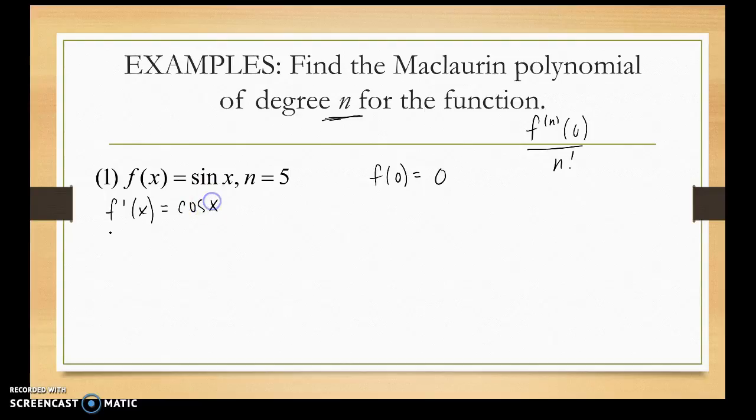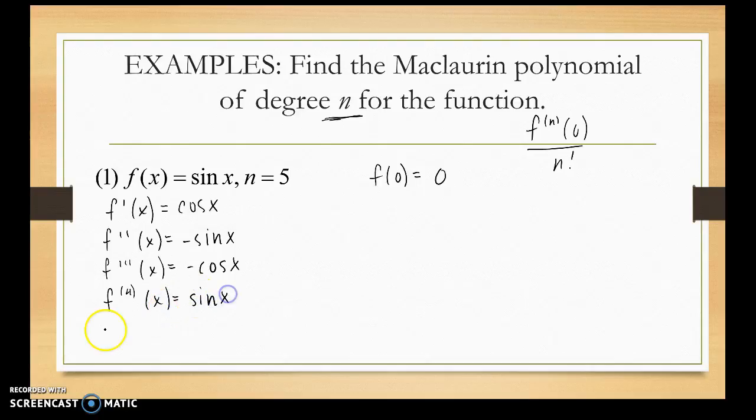Derivative of sine is cosine. Second derivative, negative sine of x. Third derivative, negative cosine of x. Fourth derivative, positive sine of x. And then our 5th derivative is positive cosine of x.